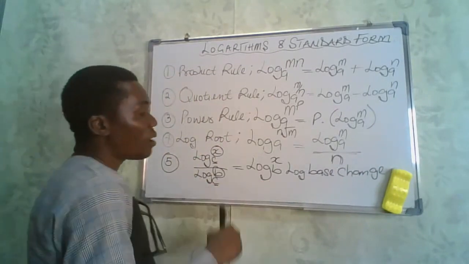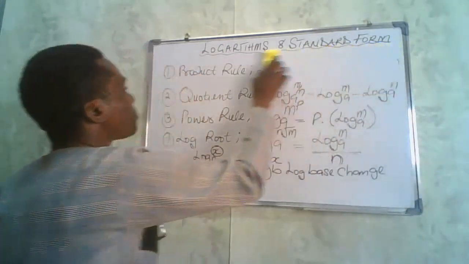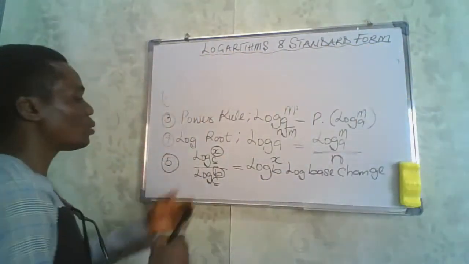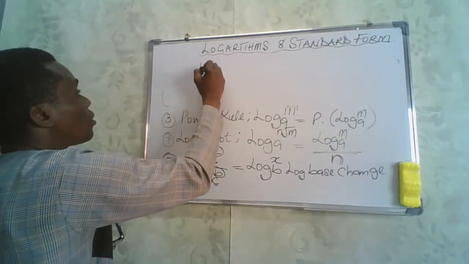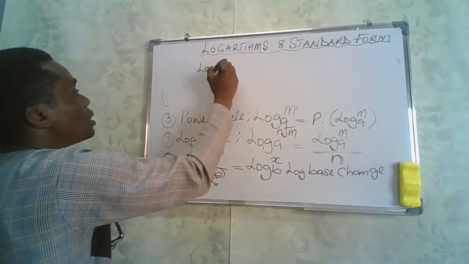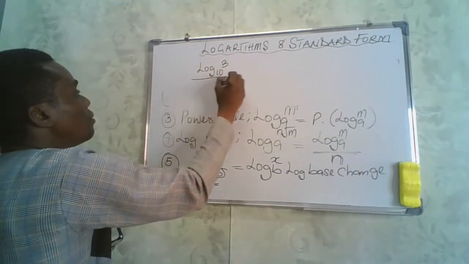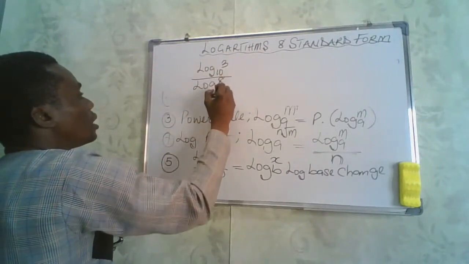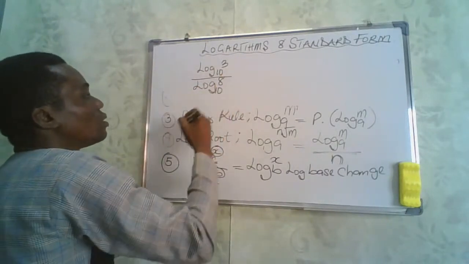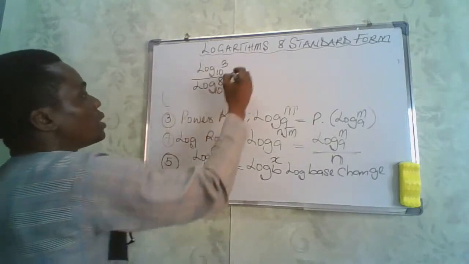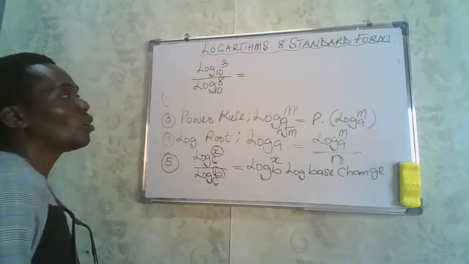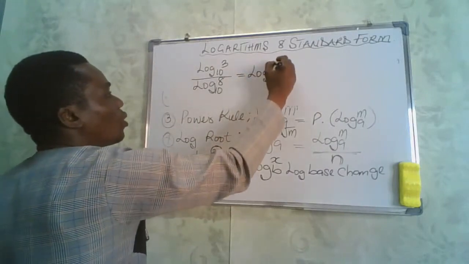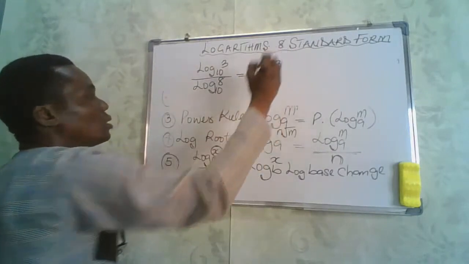Now, if you have a question like this, let me show you a typical example of where this works. If you have the log of 3 base 10 divided by the log of 8 base 10, this can be equal to the log of 3 base 8.